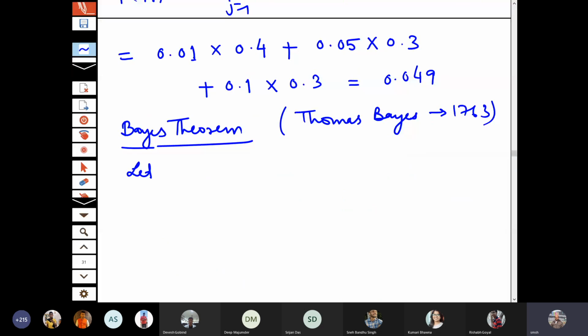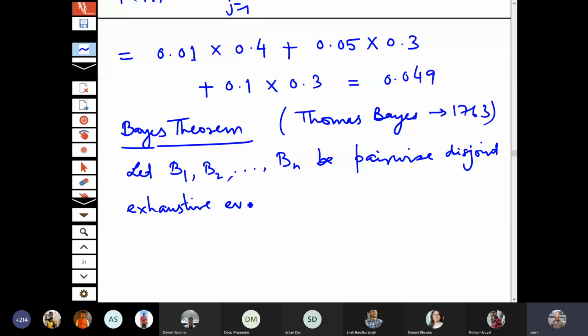So let us consider, say, let B1, B2, Bn be pairwise disjoint exhaustive events. So exhaustive means that the union of Bi is omega, and probability of Bj is positive.